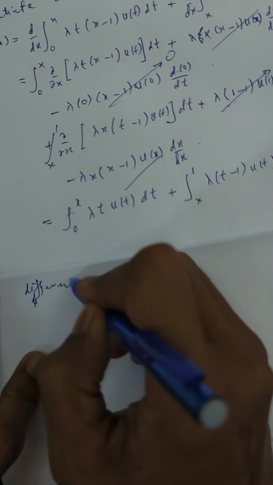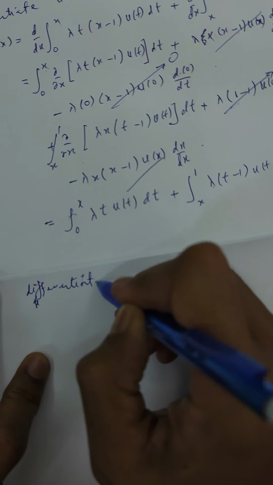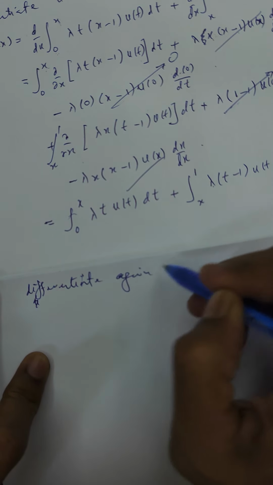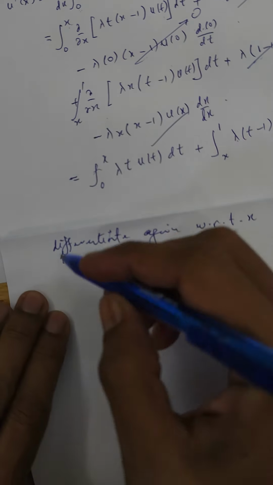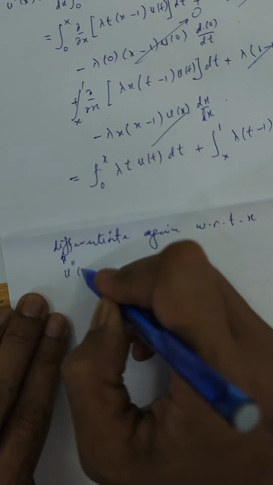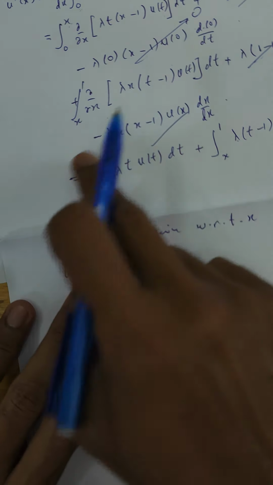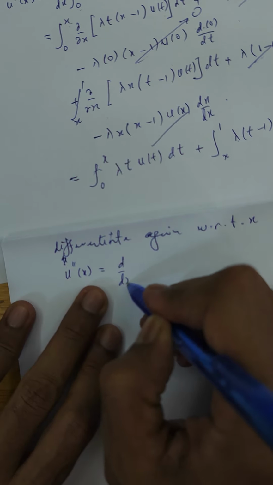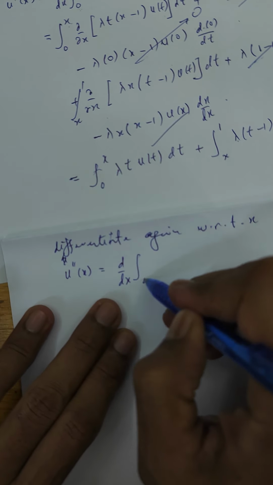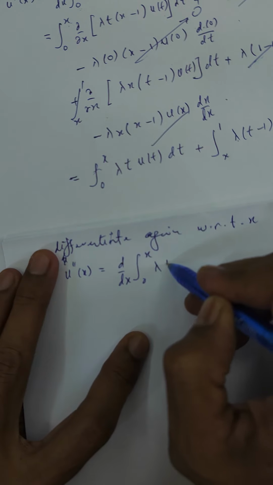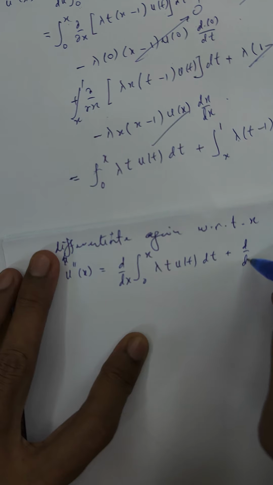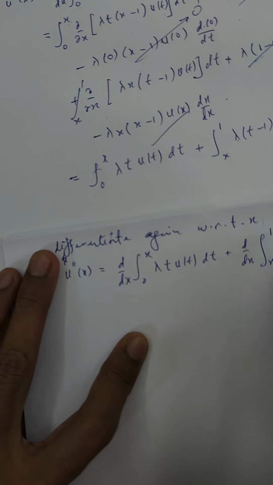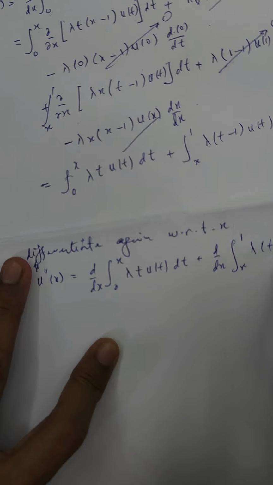Differentiate again with respect to x, that gives you u double prime of x, that's equal to, you differentiate those things, d/dx of the integral from 0 to x of lambda t u(t) dt plus d/dx of the integral from x to 1 of lambda (t minus 1) u(t) dt.